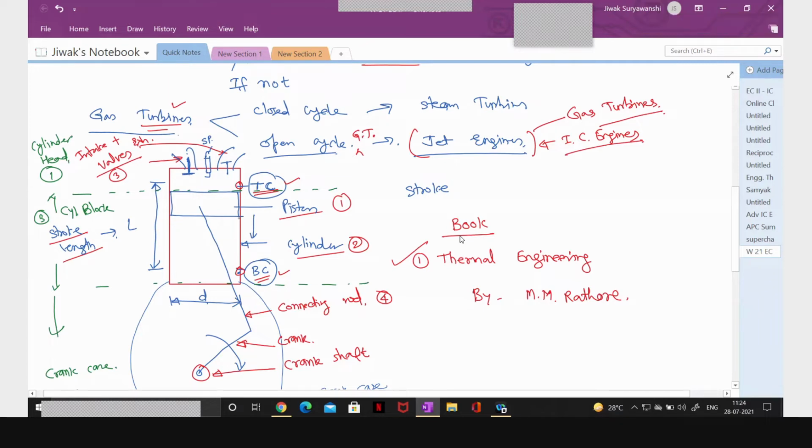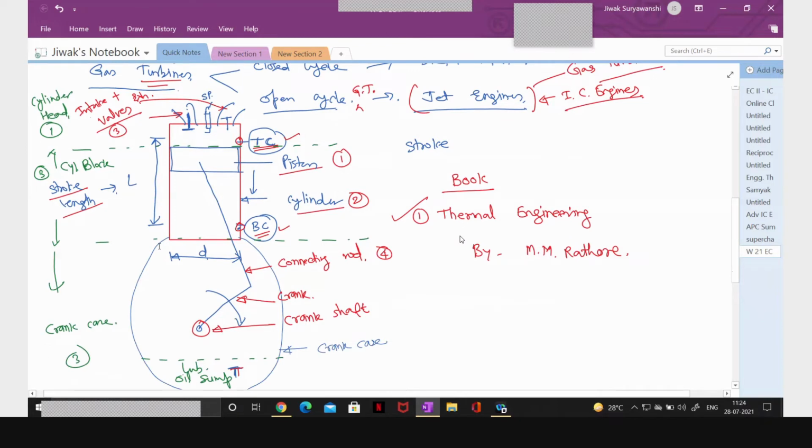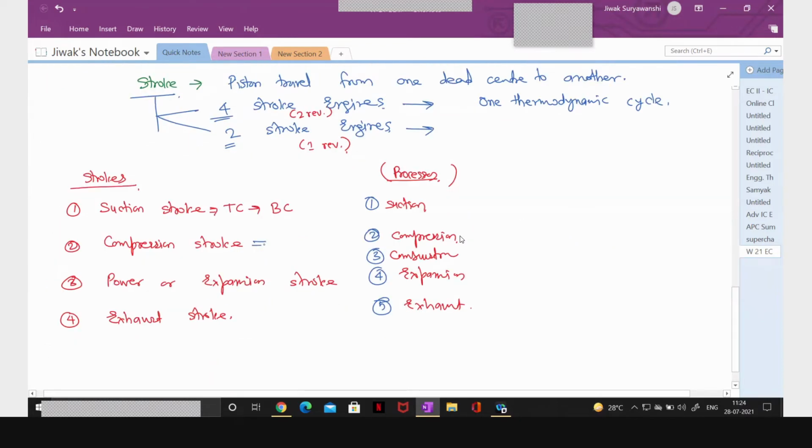That is the compression stroke. The piston moves from bottom center to top center. So the pressure and temperature of the charge inside the cylinder increase.